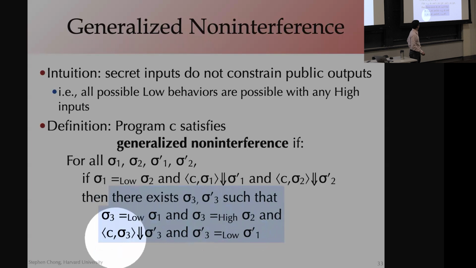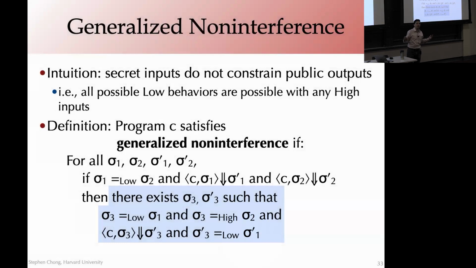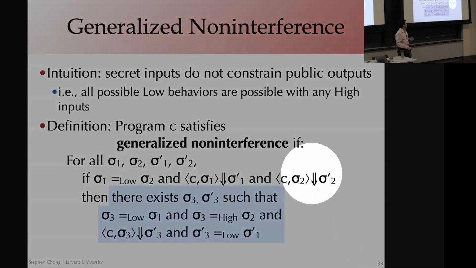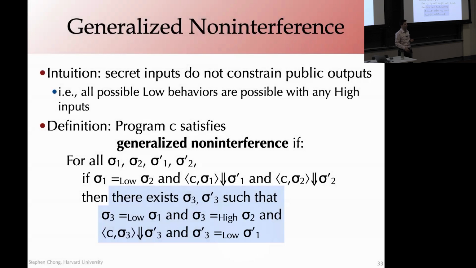And when I execute from sigma 3, I get something that looks the same as sigma 1. So what this is saying is that any high input that I took from execution sigma 2 is compatible with the low inputs from sigma 1, and the output looks exactly the same as sigma 1. The low outputs are the same. Okay. So that is essentially any possible secret input is compatible with any low observable trace, any low observations.